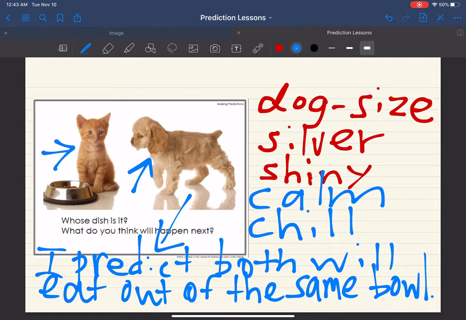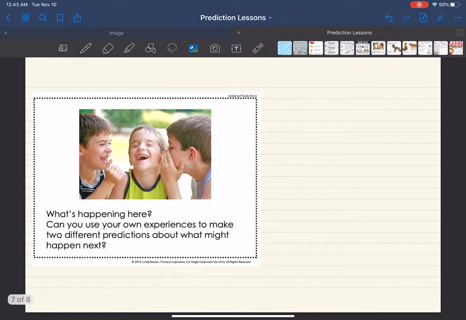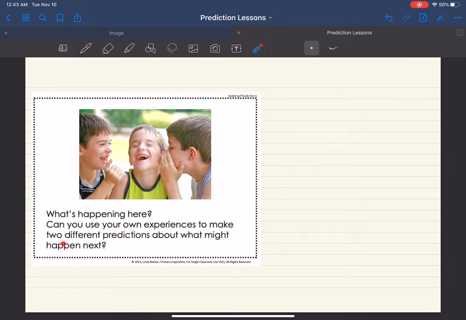So let's look at one more together. Remember, we want to use the facts, the evidence in our schema to help us make a prediction. In this case, it says, what's happening here? What do you see? Can you use your own experiences to make two different predictions about what might happen next?